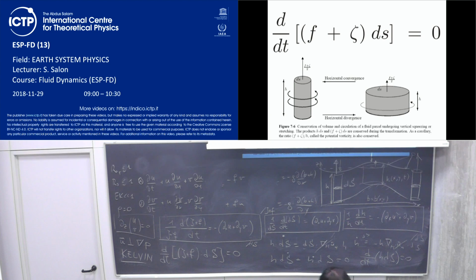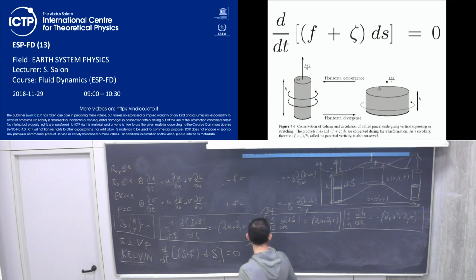Okay, so still looking at these three equations, if we take the first one and the second one, since both of them are singularly conserved in time, also their ratio will be conserved in time.